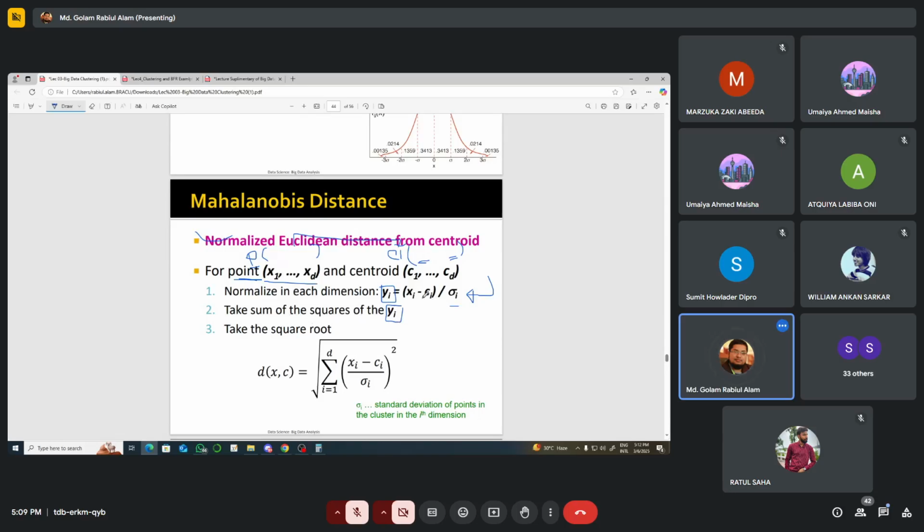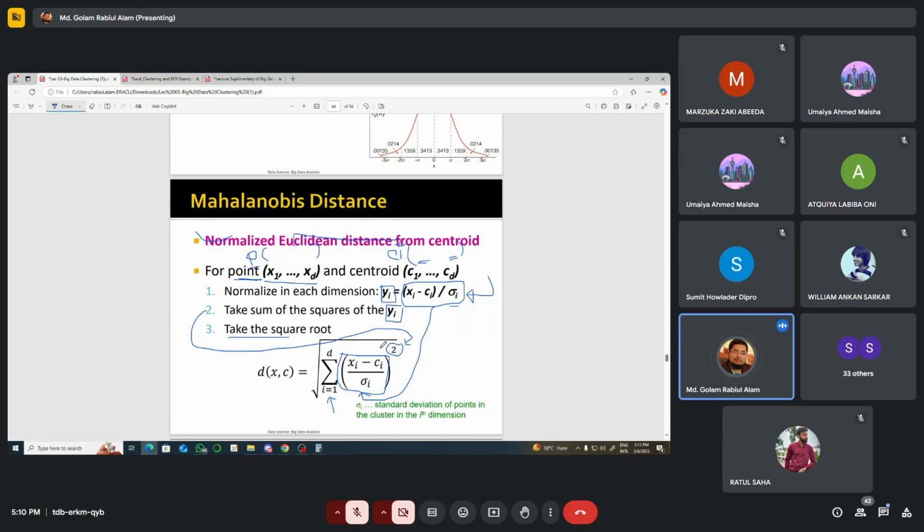So the second step is to square it, and then take the sum of the squared values of the normalized dimensions, and then take the square root of that.